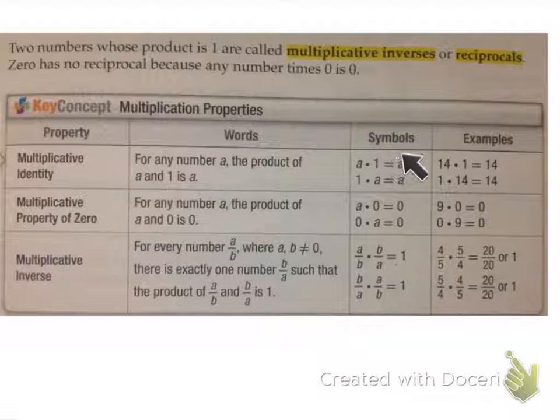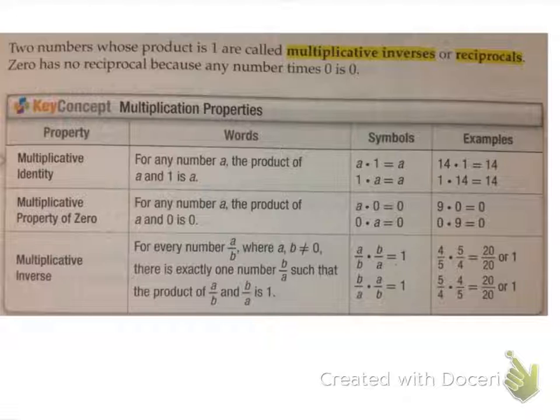That's associative or commutative? Commutative, right? Commutative property. You can switch the order. Multiplication property of 0: 0 times anything is 0. We know that. And the multiplicative inverse. Now, an inverse of multiplication actually has a better word: multiplying by its reciprocal.